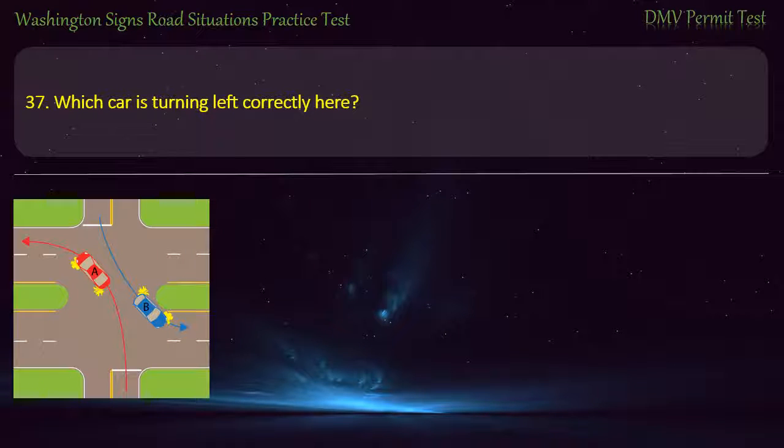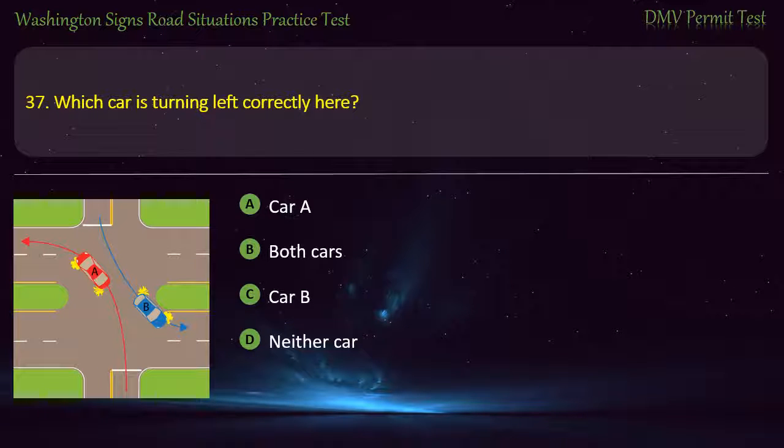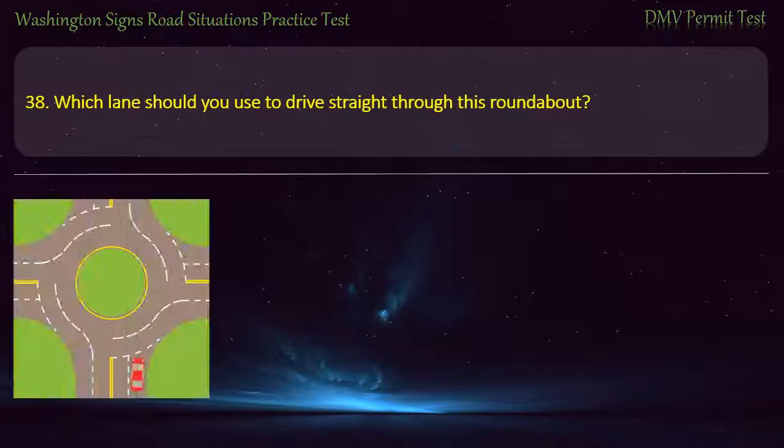Question 37. Which car is turning left correctly here? Car A. Both cars. Car B. Neither car. Answer. Car B. Question 38.